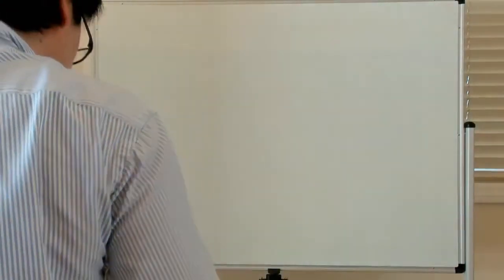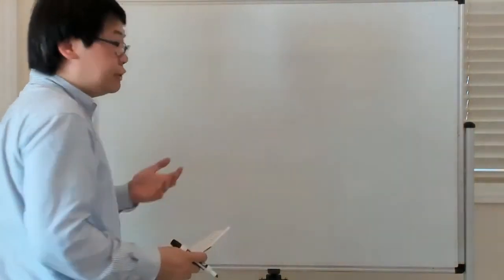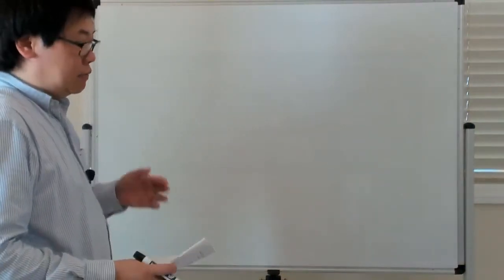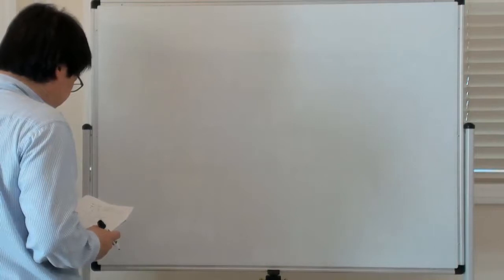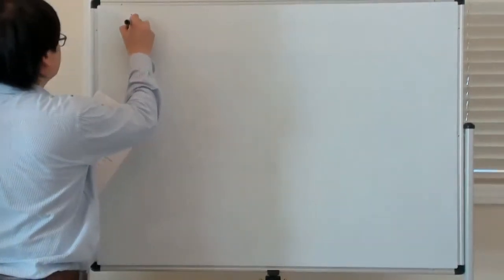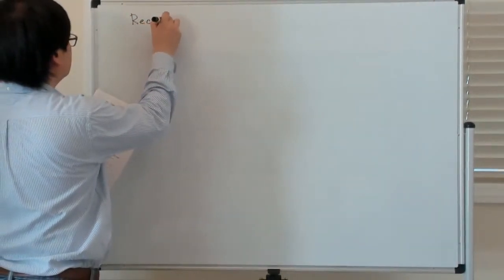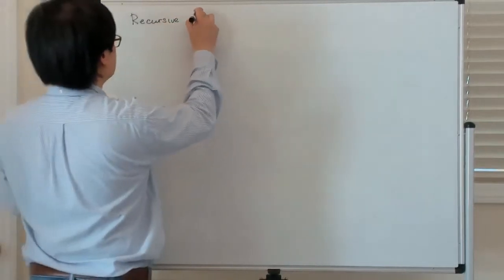Okay, so now let me say something about how you can recursively construct the terms in the expansion for the modified vector field. So this is a recursive approach to backward error analysis.